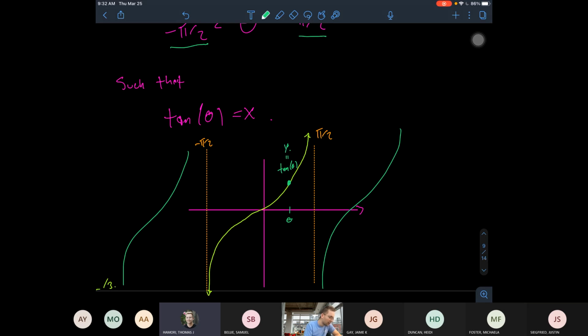Well, I'm going to limit my frame of reference to this region of the graph of tangent. I'm just going to consider this one copy of it, if that makes sense.